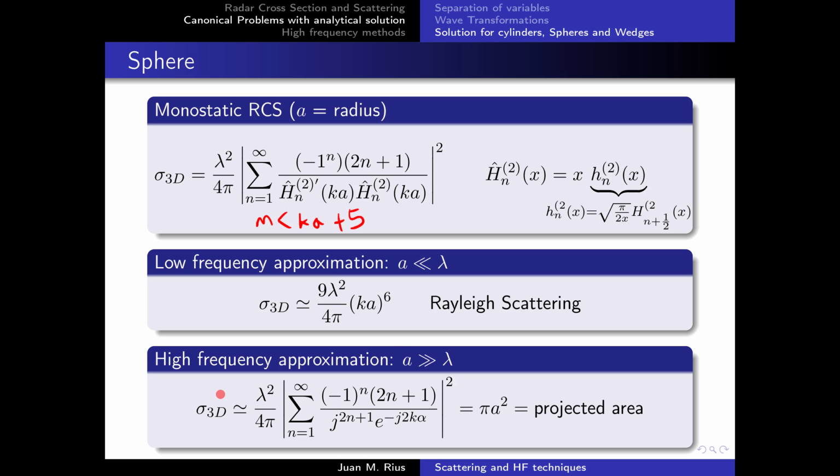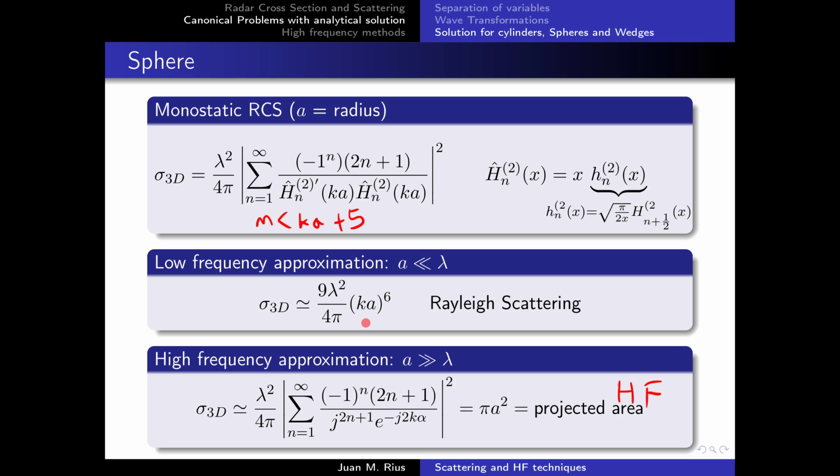At high frequency the radius is much larger than lambda, so we do a large argument approximation of the Bessel functions and obtain this, and it can be proved that this infinite summation times lambda squared over 4 pi is equal to pi A squared. This is the projected area, and this is the high frequency approximation to the radar cross section.